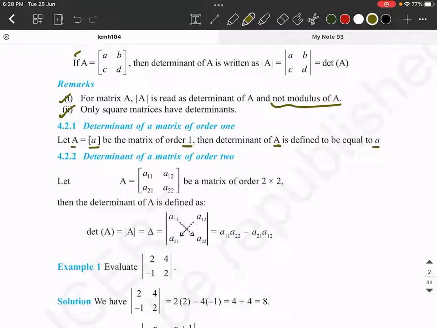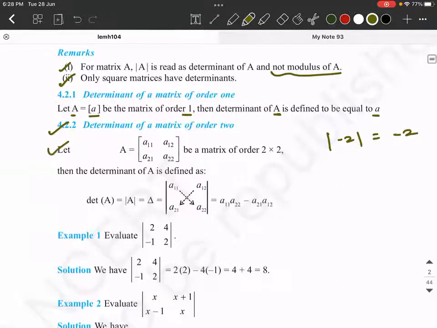It can be positive or negative. For example, determinant of minus 2 is minus 2, don't get confused with modulus again. Determinant of a matrix is a number. That's what the statement says. Determinant of a square matrix is always associated with a number.